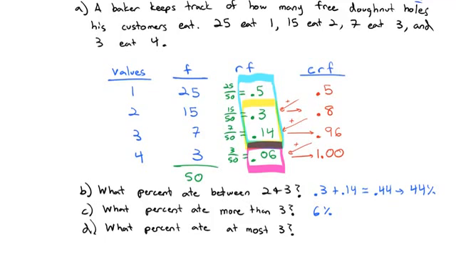I could add those all together, but what you might notice is that everybody else excludes the 6%. So it might be easier to say we've got 100% as everybody, exclude the 6% that are more than 3, and that leaves us with 94% ate at most 3 donut holes.